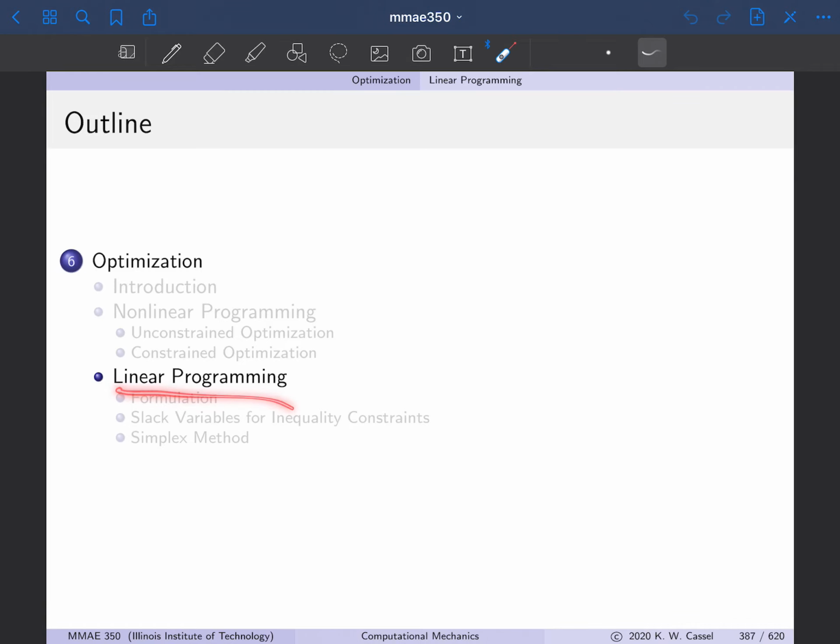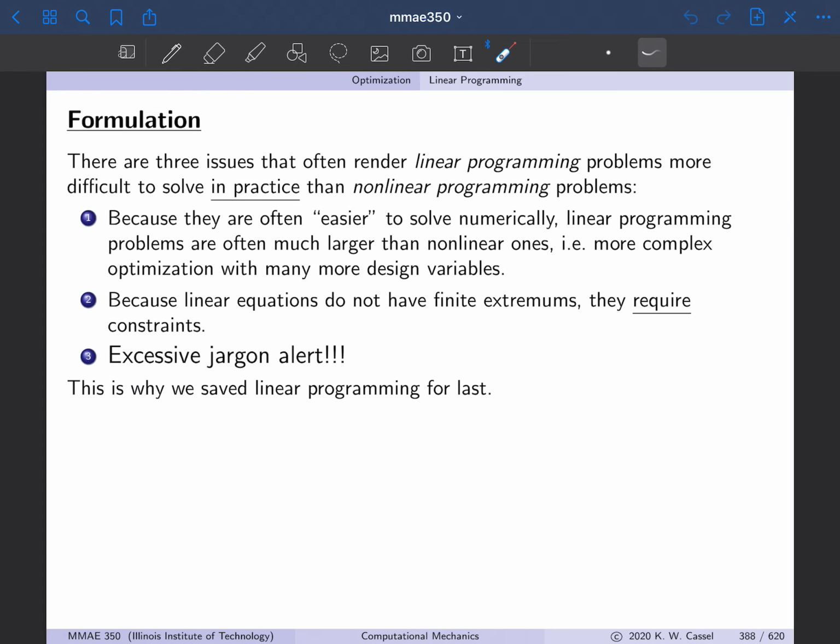All right, so linear programming. We'll first talk about the formulation. It involves a number of additional elements that we haven't covered yet in the nonlinear programming context, so you'll see where these come in. Normally in most other settings we would discuss linear first and then nonlinear, and we did that earlier when we were talking about systems of equations.